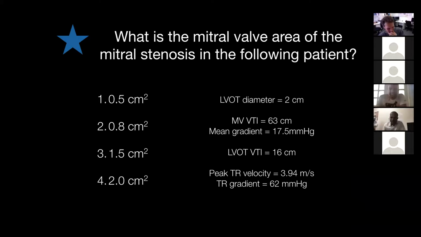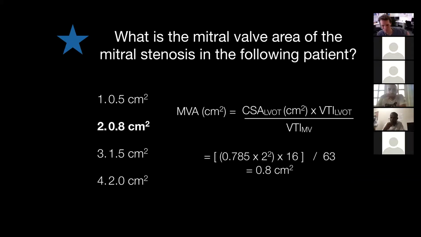Yeah, so it's again using the continuity equation. So mitral valve area will be LVOT VTI times LVOT cross-sectional area, divided by the mitral valve VTI. Sweet.